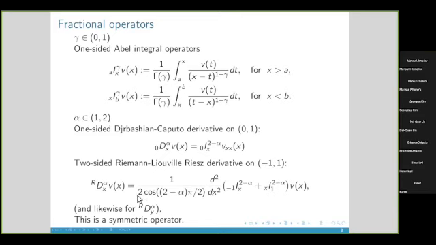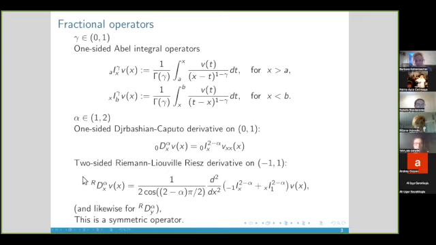It's an easy computation to find out that this, called the Riesz derivative, is symmetric with respect to the L2 inner product. So this is a symmetric differential operator. Of course, this has certain advantages, because for symmetric operators, one can do at least a bit of spectral theory, and that's something which we are going to need later on.